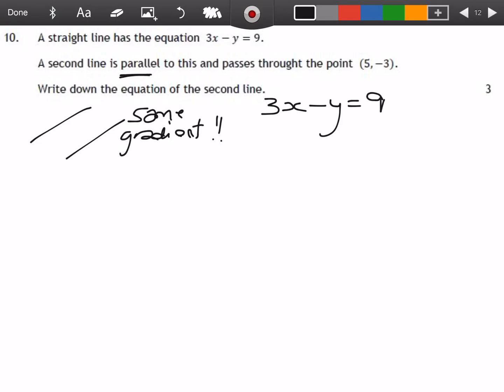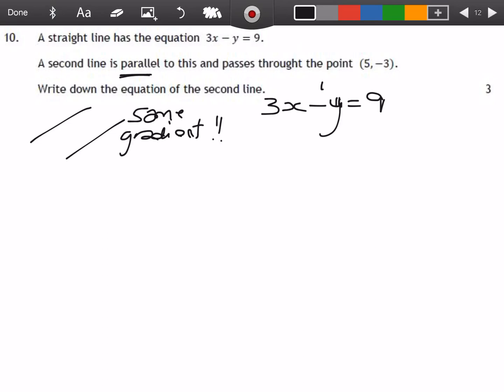How do we find the gradient of that line? Well, that isn't the normal equation of a line, the way it normally looks. The equation of a line normally says y equals. There's a couple of different ways we can rearrange the equation, but we want to rearrange it to just say y equals. This says negative y.